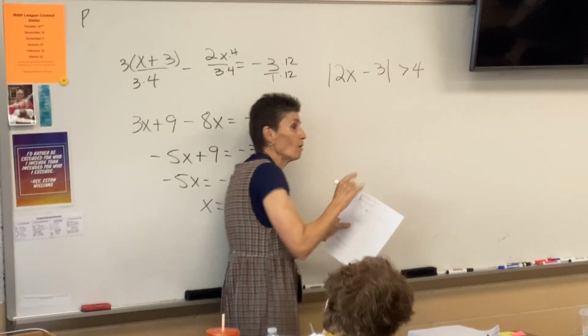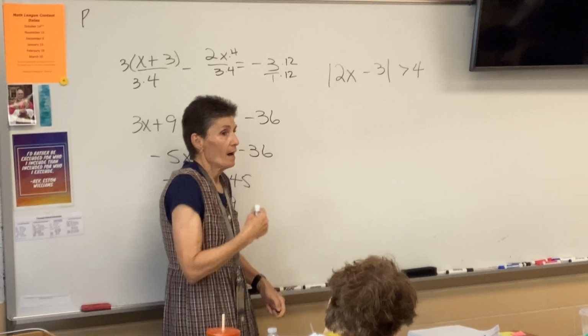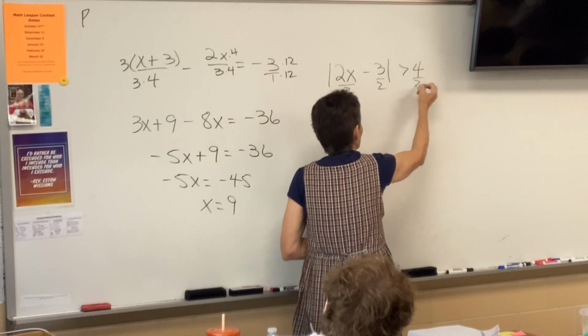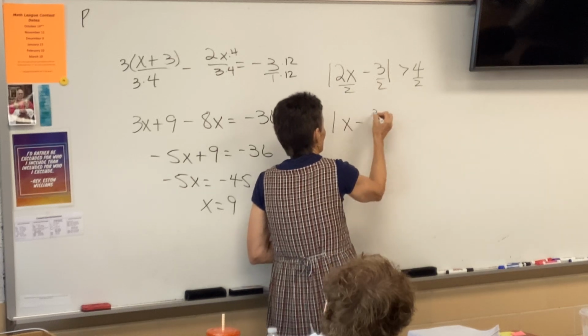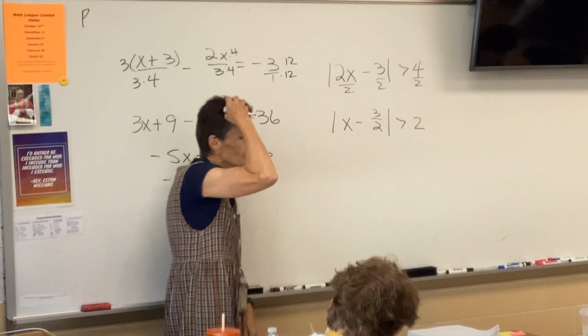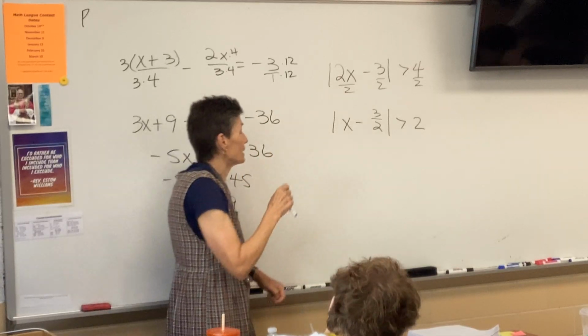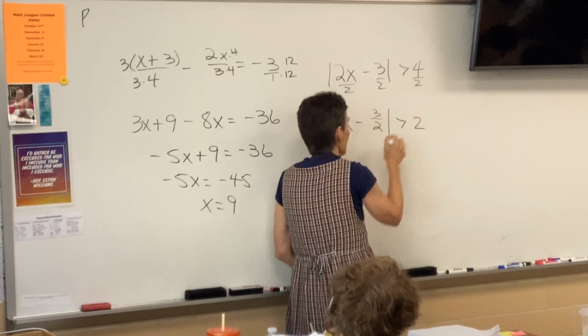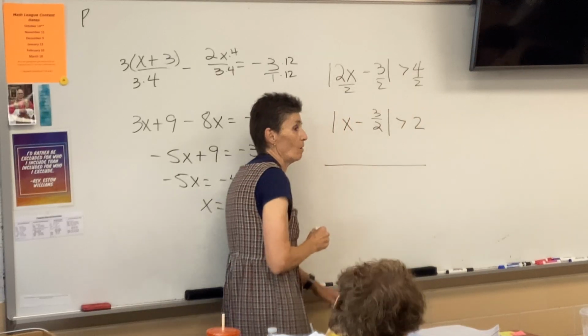B, absolute value. Now you can solve this however you want. I am going to divide everything by 2. And then every time I have one of these symbols, I know a number line is going to be involved.